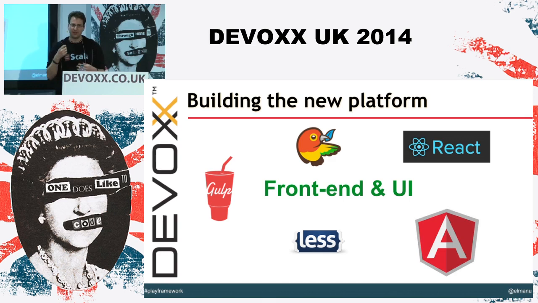Now with Play 2.3, there's a new plugin called SBTWeb, which integrates some of that functionality and actually wraps Node.js behind the scenes, or a JVM version of Node.js. And so it can make use of all of these tools that exist in the JavaScript space. But back then it just wasn't there, and so we built our own pipeline.